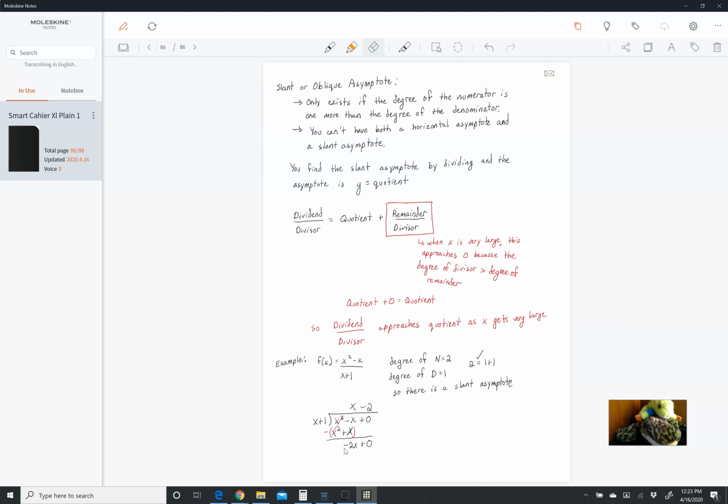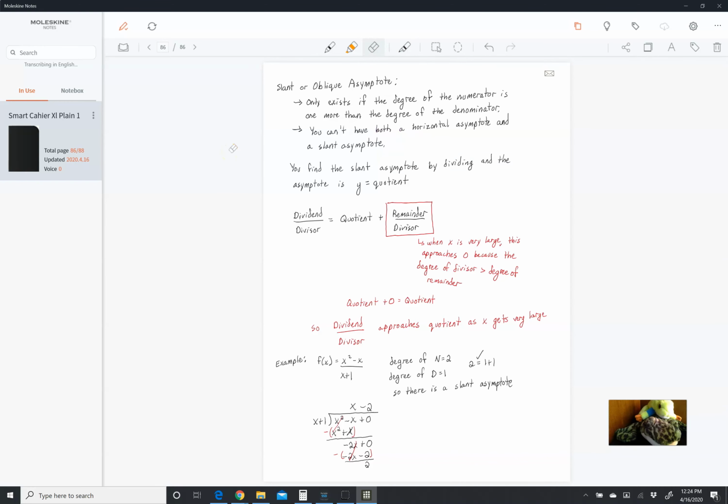Now we could really stop here because we know the next step is going to give us the remainder, but let's keep going. We got negative 2x minus 2, and if we subtract, 0 minus negative 2 is 2. So we have a remainder of 2, but we don't really care about the remainder. All we care about is the quotient. So this last set of subtraction is irrelevant.